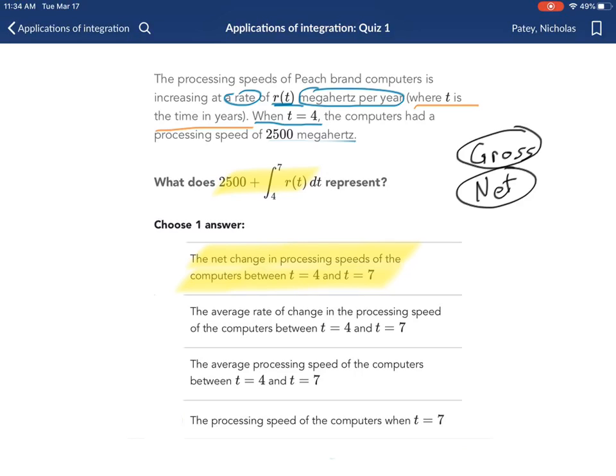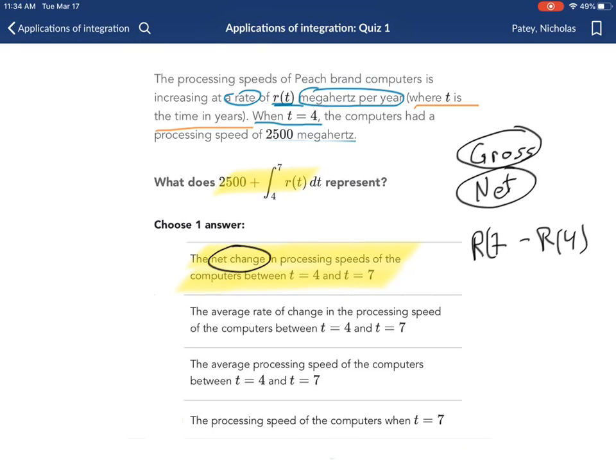So net change is the change from R of 7 to R of 4, and to find the change, you just subtract the two. That's how you find the difference. So this is definitely not it because of this 2500. It totally changes the meaning. If this 2500 wasn't here, then this would have been our answer.